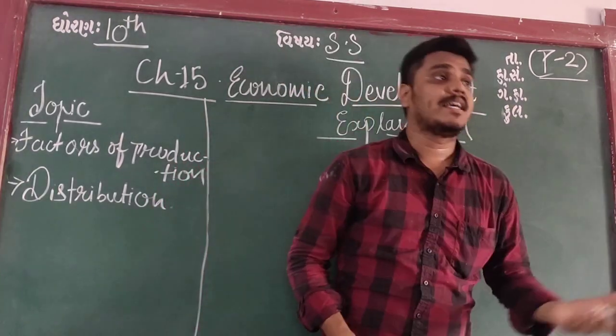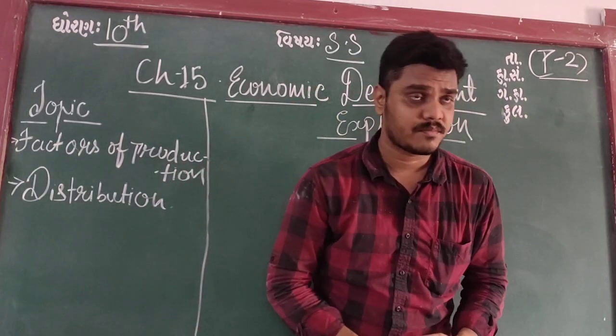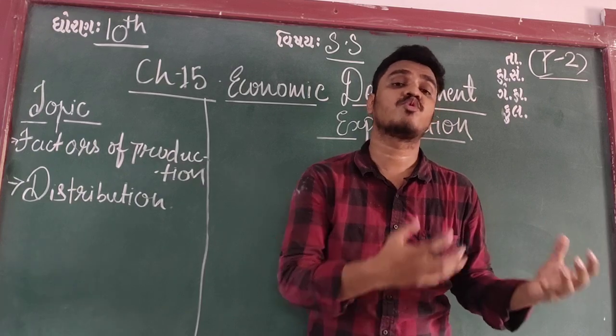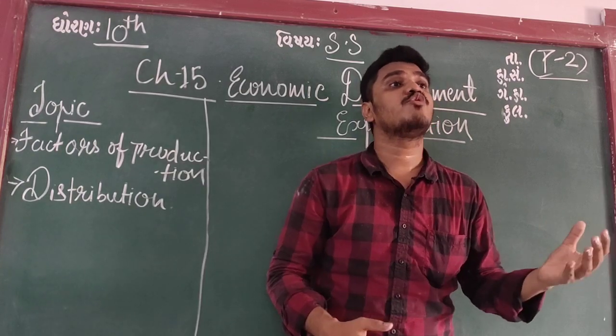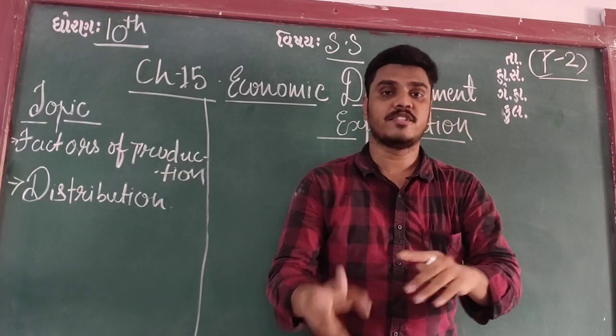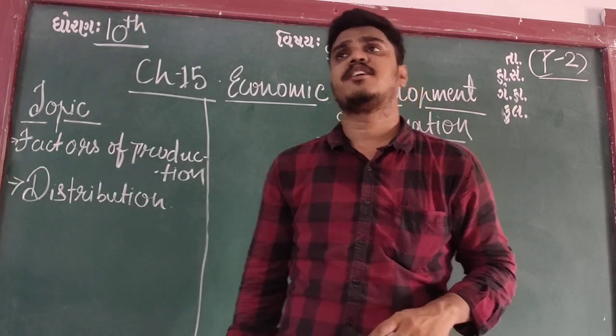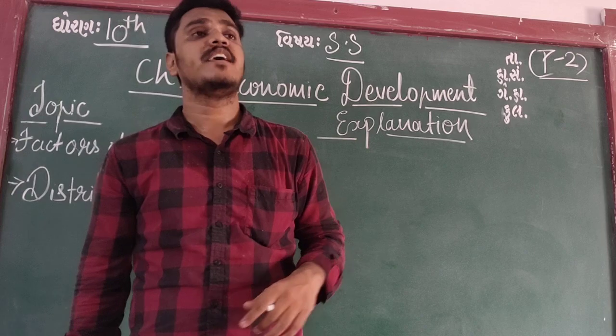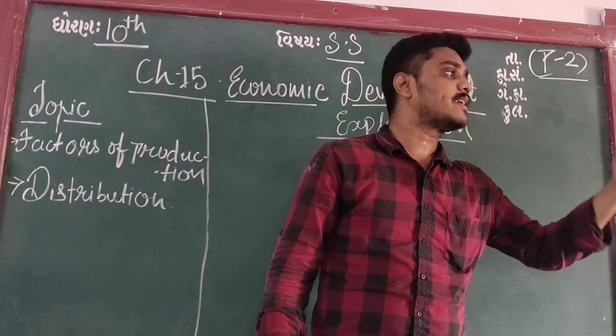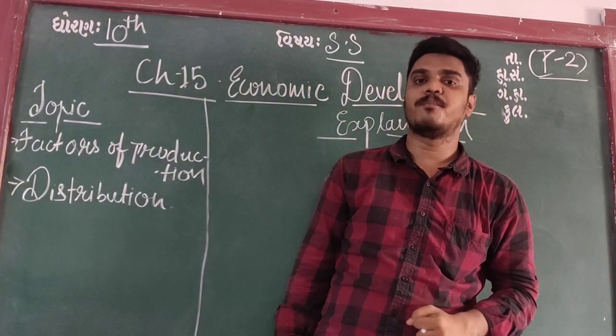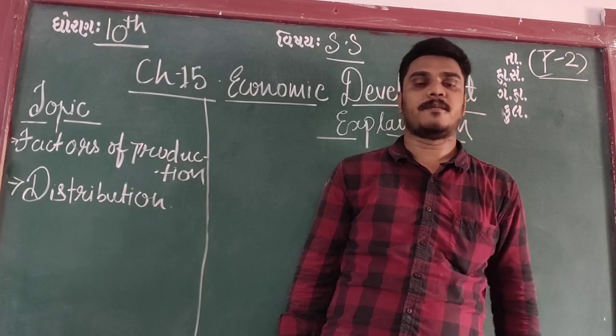What is an asset? An asset is that kind of thing which helps you to grow money, which helps you to earn money for you. So suppose during bad days, a person can sell that asset and he can earn more and more money. So you should have an asset.